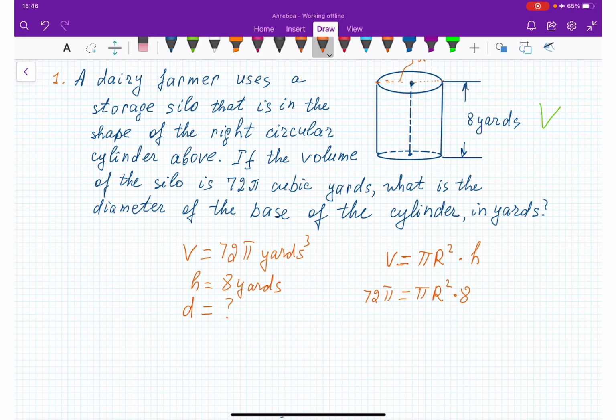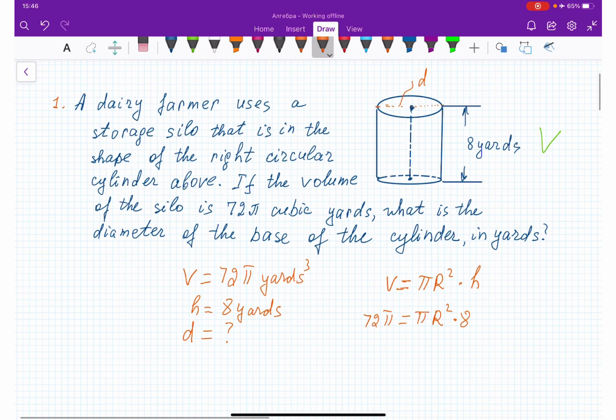let's say feet or whatever. All right, so from here, since we need diameter, and diameter is equal to 2 times radius, if I find the radius from here, I can easily find the diameter, yes? So radius squared is equal to 72 pi divided by 8 pi.